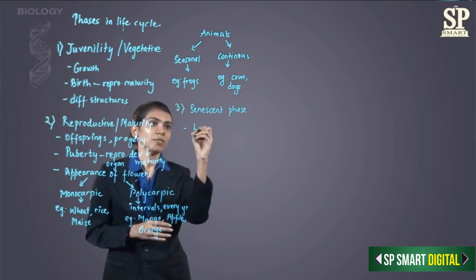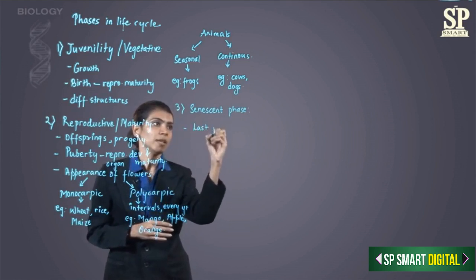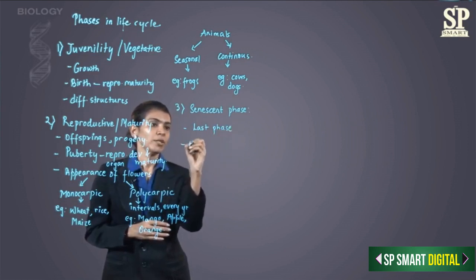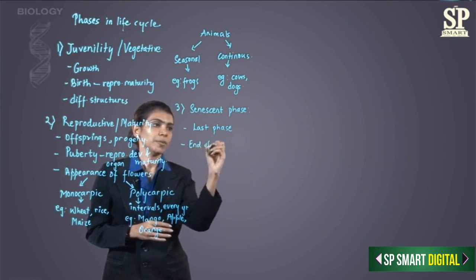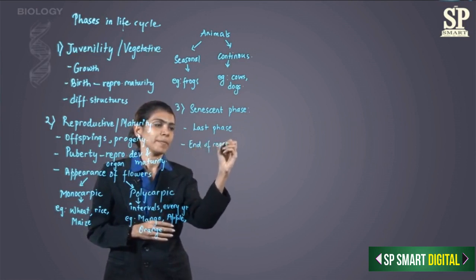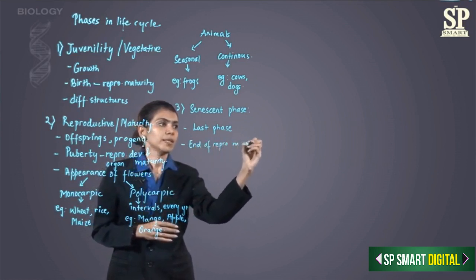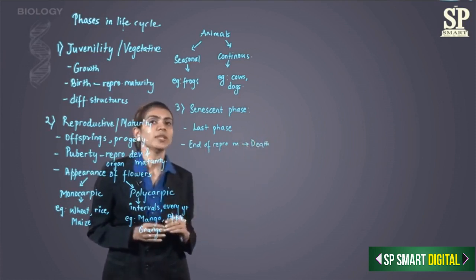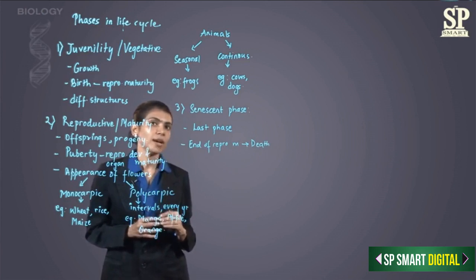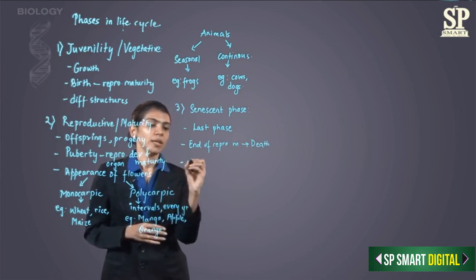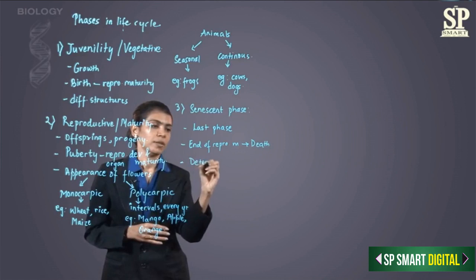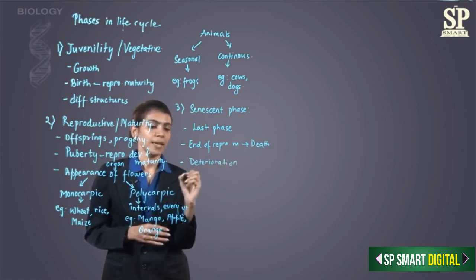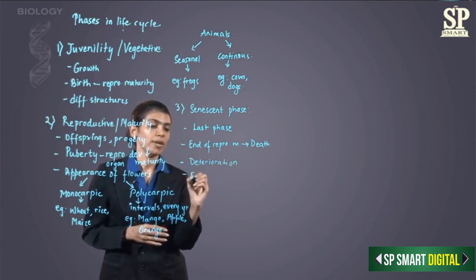So this is the last phase of the life cycle, from end of reproductive maturity till death. Basically, during the senescent phase, the body is undergoing degeneration. All the organs are deteriorating progressively. And this senescent phase ends in death.